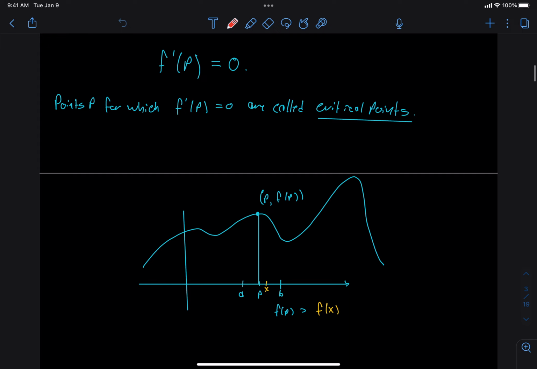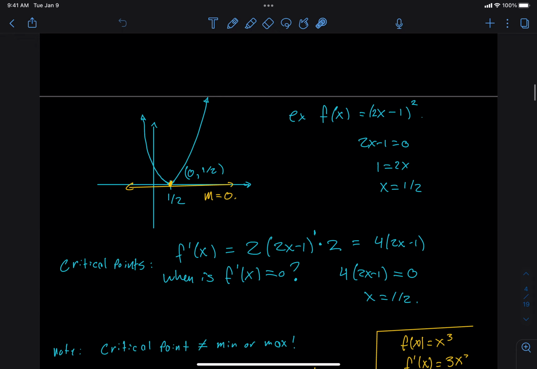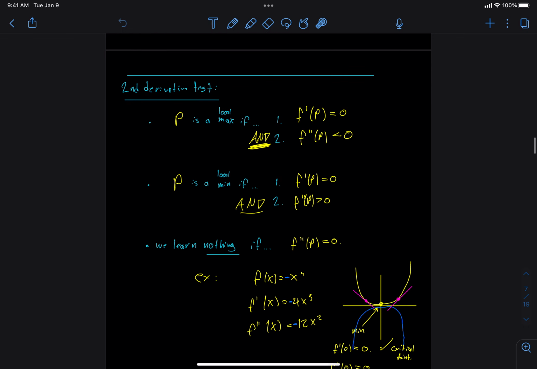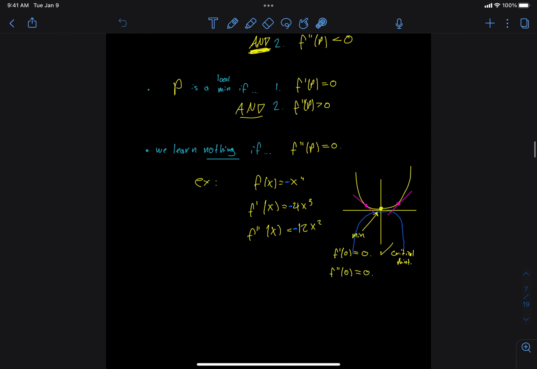We defined what is a critical point. We have a critical point anywhere that the derivative is 0. Doesn't necessarily mean that we have a max or a min at that point, but it could be a candidate for a max or a min. To figure out whether it is or not, we used either the first derivative test or the second derivative test. But you have to be a little bit careful because the second derivative test can fail sometimes, okay?